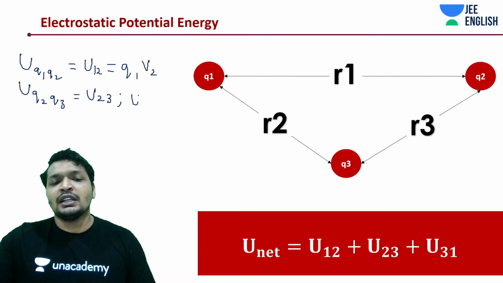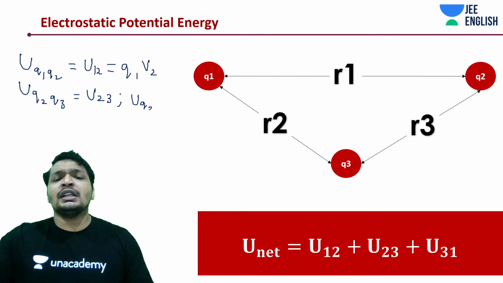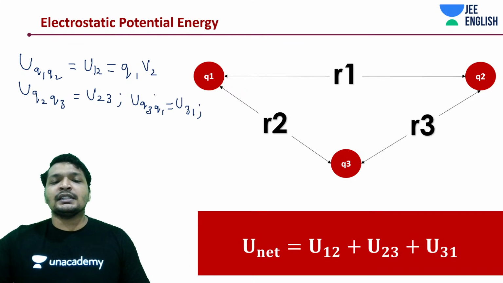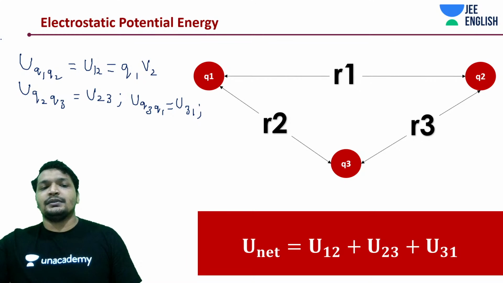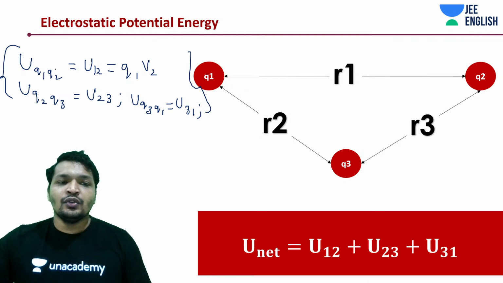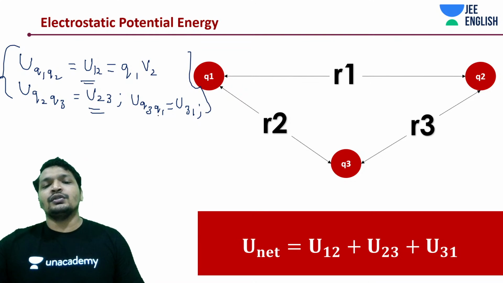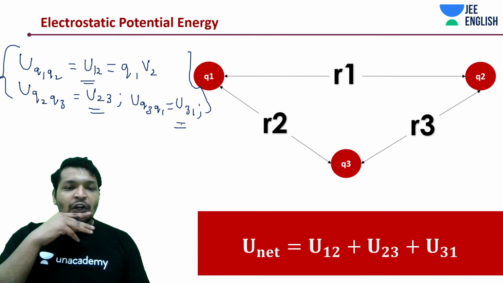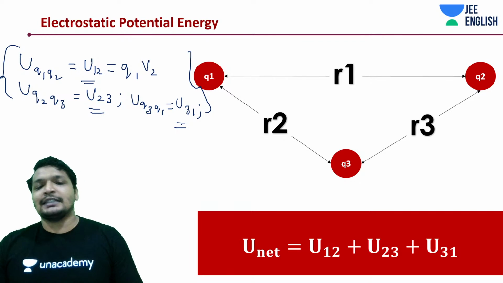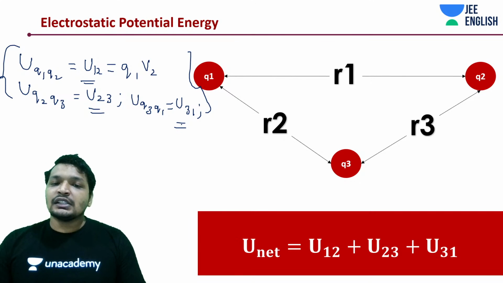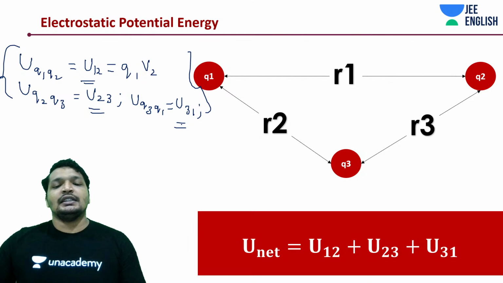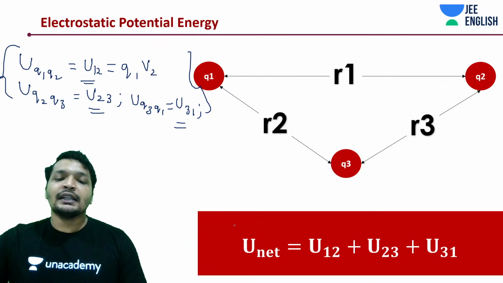And then due to charge q3 and q1, the potential energy is going to be U31. You're going to basically add up all these three, U12, U23 and U31. Why? Because this is the total amount of potential energy comprised by the system. This is not by an individual charge, but an individual charge also has some potential energy. We'll come to that point, but in a given system.